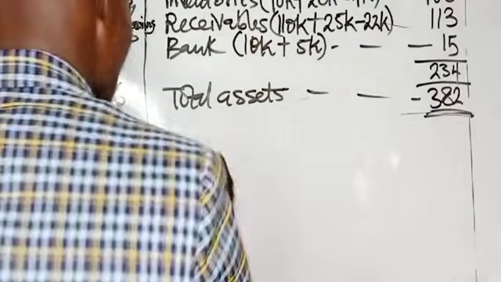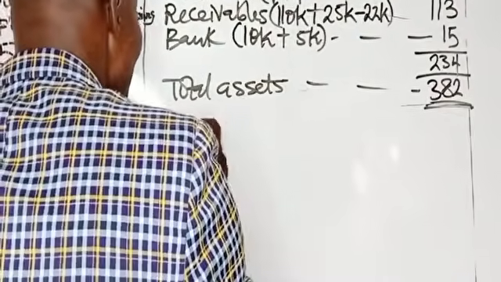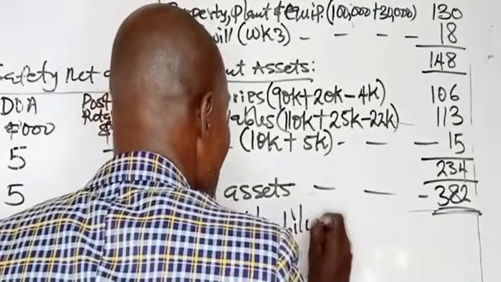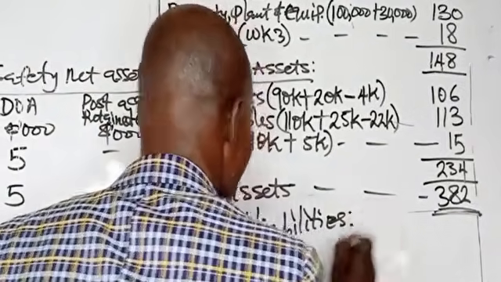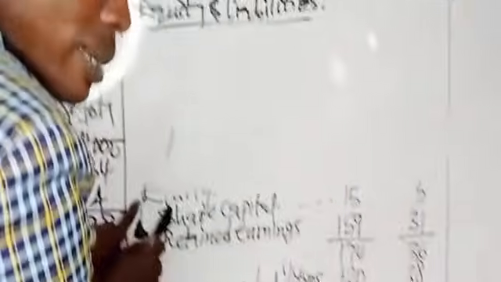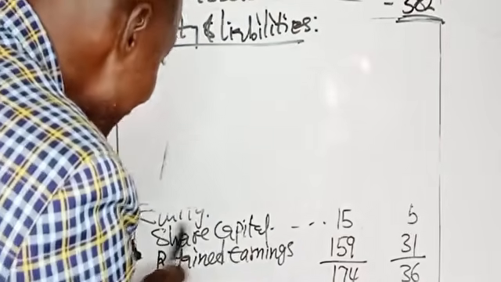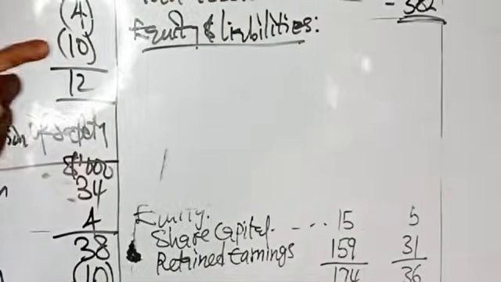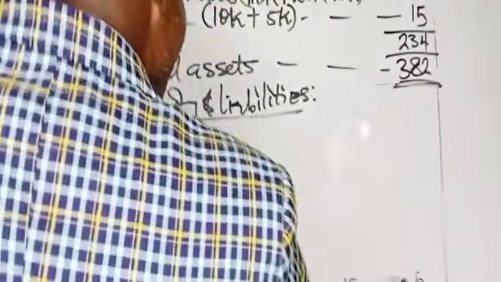Now, after total assets, remember the next section of the statement of financial position is equity and liabilities. Under the equity, we have share capital, which is 15,000 and 5,000. I've told you that we don't add the share capital of parent and subsidiary.